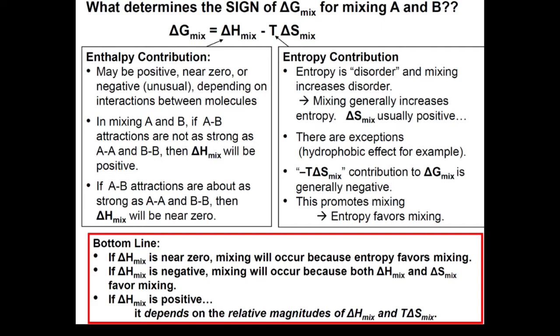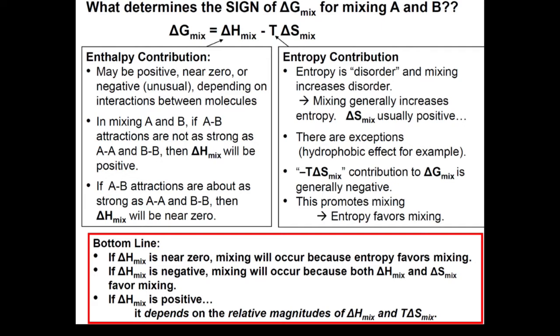But because delta S mixing is almost always positive, the minus T delta S mixing contribution to delta G mix is generally negative, and that would promote mixing, right? So we say that entropy favors mixing, and I often refer to this as nature's tendency to mix things up, okay? So that's the entropy portion.